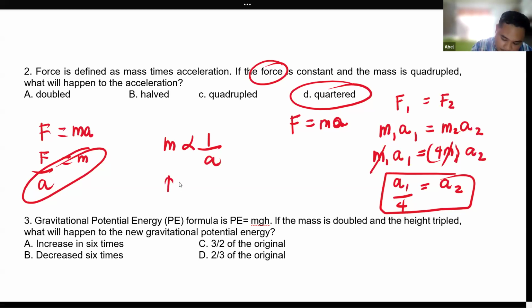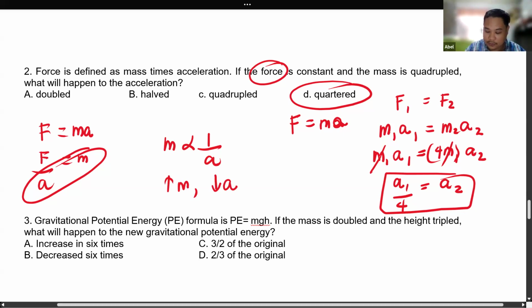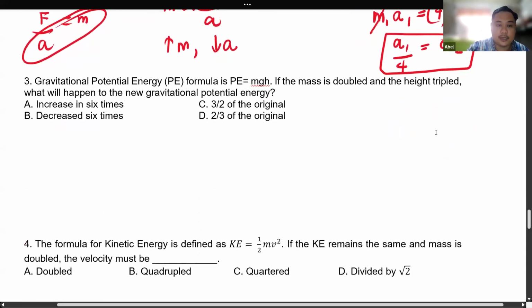Therefore, increasing mass would have a decrease in acceleration. So from the statement, mass is quadrupled. Therefore, they are inversely proportional. It is a quarter. So even if you don't have the formula or this mathematical equation, you can still answer this part. Now, how about number three?